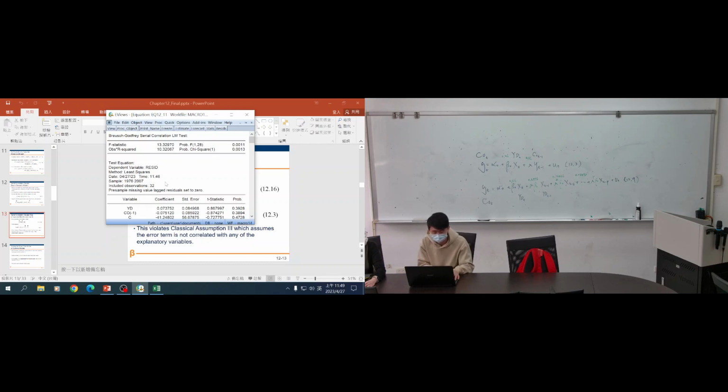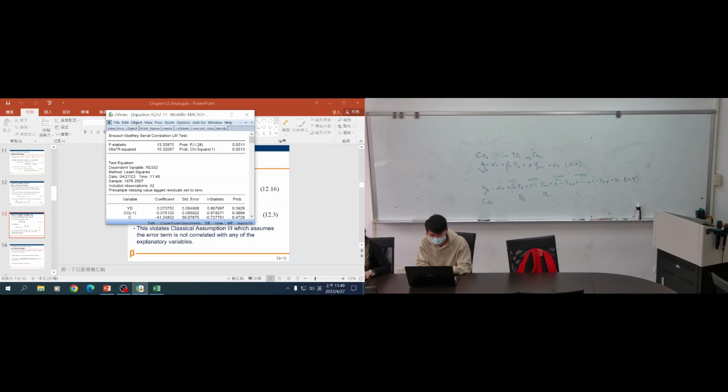Even at 1%, 5%, or 10%, it shows the serial correlation problem. So for sure, this dynamic model does have serial correlation.